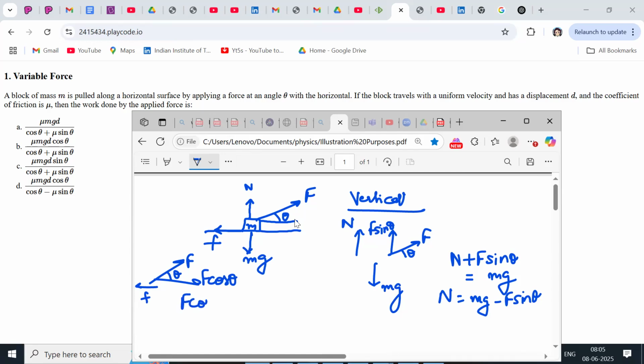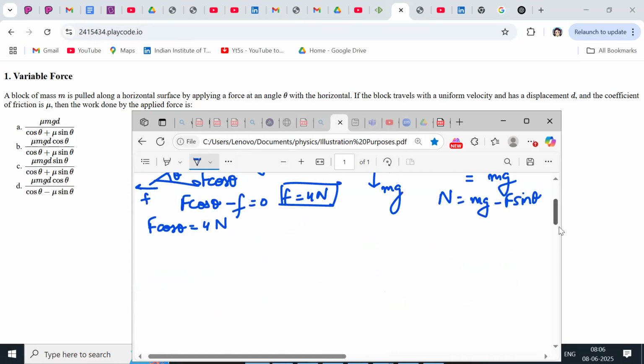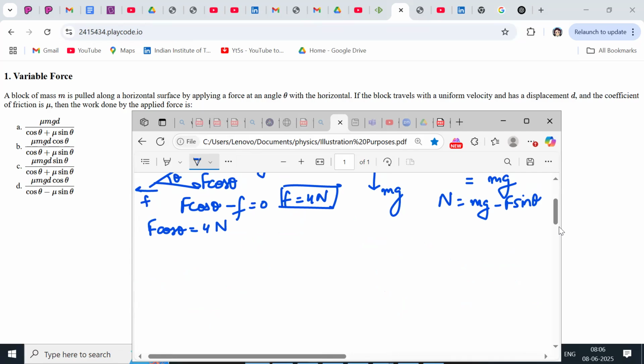And F cosine theta minus f equals 0. And we know f is nothing but mu times N. Mu is given in the problem. So we have F cosine theta equals mu times N. From this equation, maybe we can call it equation 1, we can replace the value of N here.